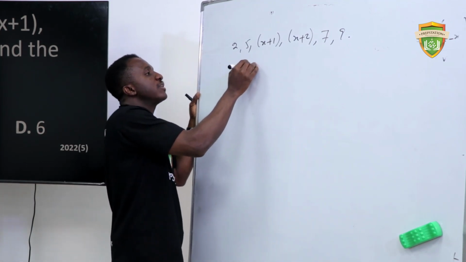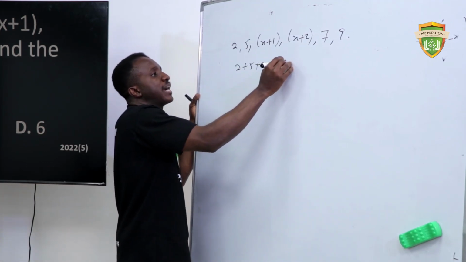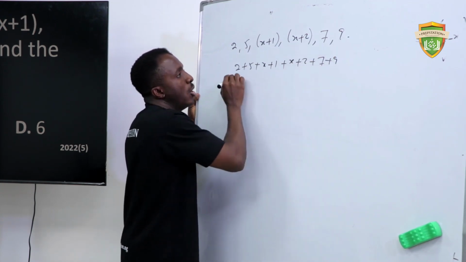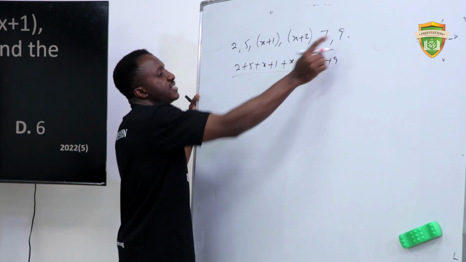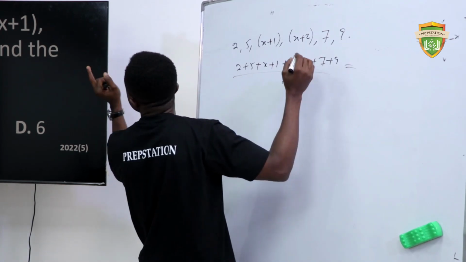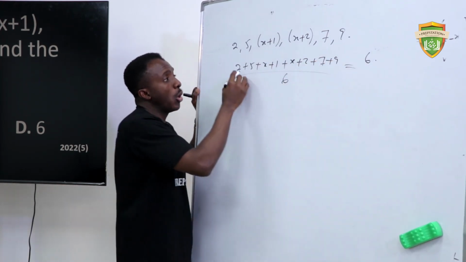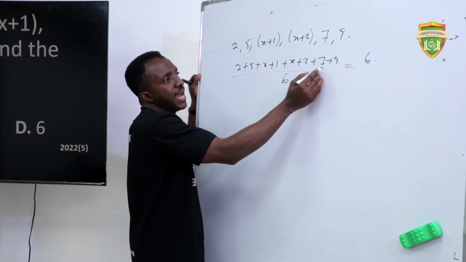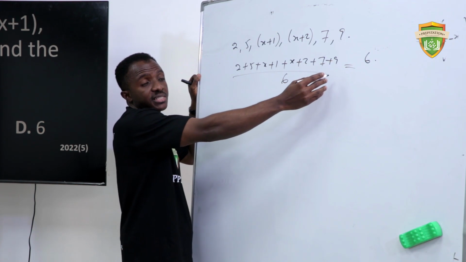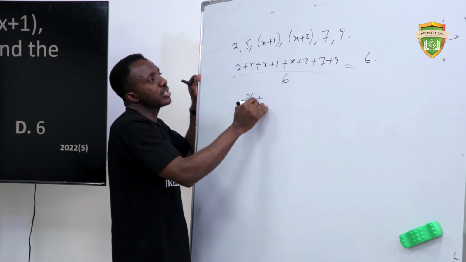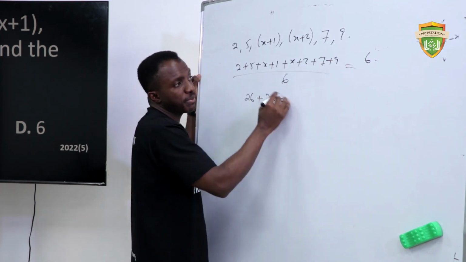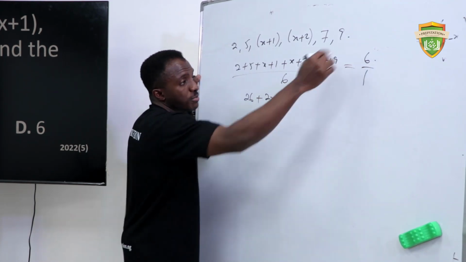So let's add 2 plus 5 plus, we can open the bracket at this point, there's no negative, so it becomes easy, x plus 1 plus x plus 2 plus 7 plus 9 over 6 numbers. And they said the mean is 6. So let's do that. 2 plus 5 is 7, 8, 10, and this is 16. That's 26 plus how many x? 2x. 2x equals, we can cross multiply at this point. If you like, you can cross multiply.